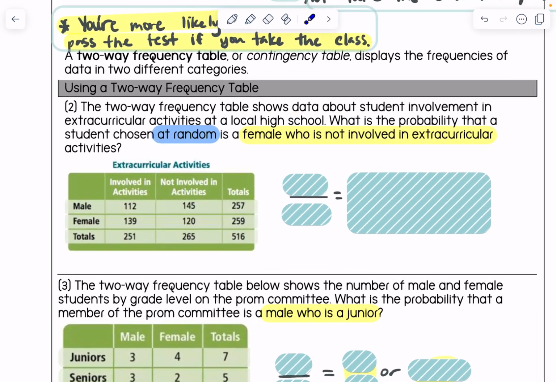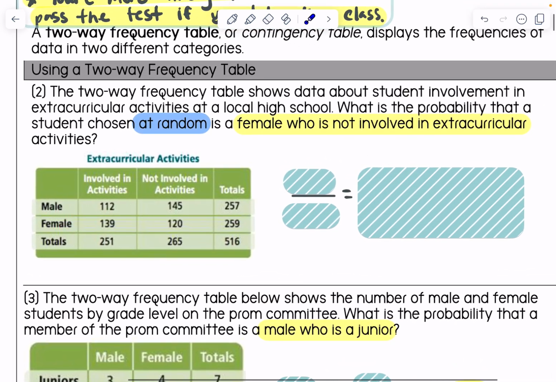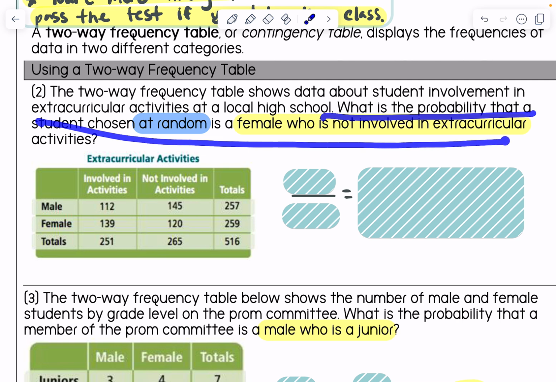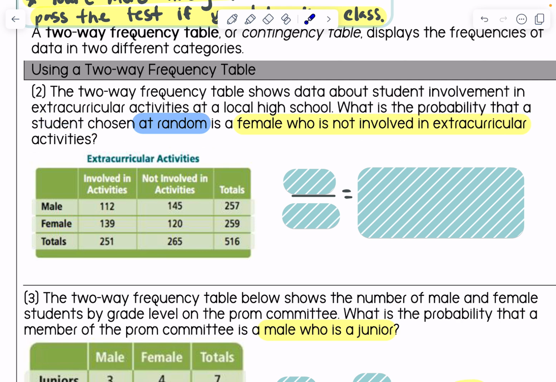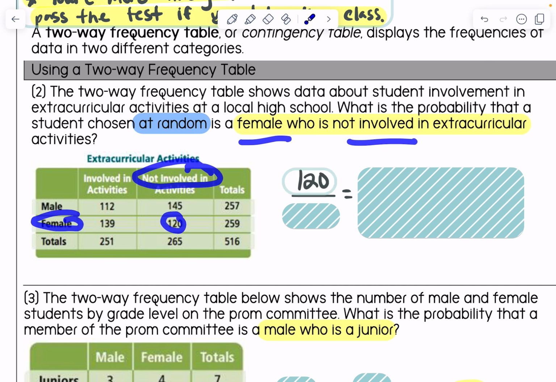So let's see. It says, what is the probability that a student chosen at random is a female who is not involved in extracurricular activities? Well, let's look at this. We've got involved, not involved in activities, male, female. So let's find female, not involved. Female, not involved, well, that's 120.